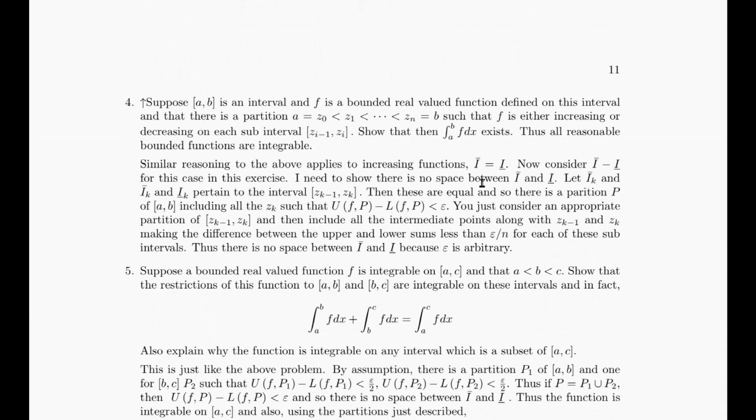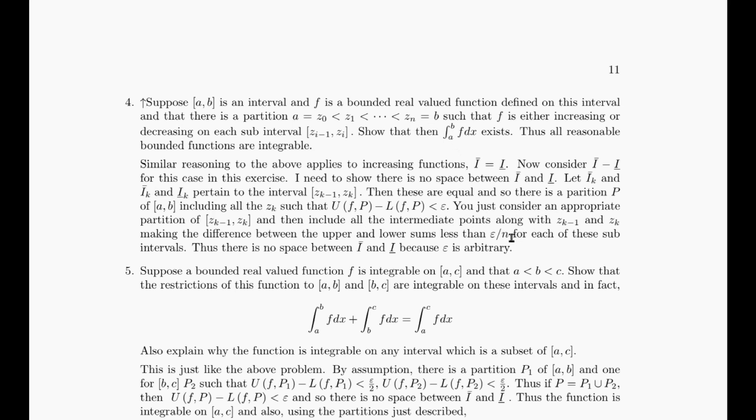Okay, so what I know is that pertaining to each of these intervals, the upper integral and the lower integral, there's no gap between them. So there is an upper sum and a lower sum for each of these, where their difference is smaller than epsilon over n.